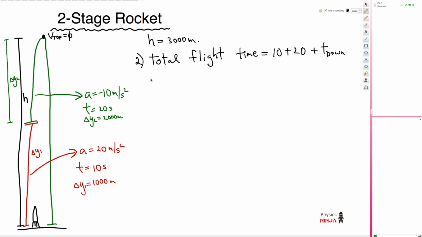I also know that the acceleration as it's going down is simply going to be minus 10 meters per second squared. I also know the initial velocity for this part of the trajectory. The initial velocity is 0 because I'm starting from the top, and at the top it's 0. Okay, so I know the displacement, I know the acceleration, I know the initial velocity. I'm looking for time.